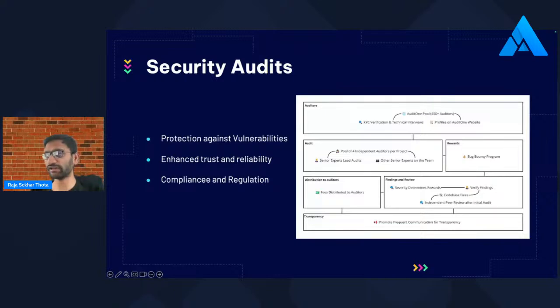At least the high and medium issues are fixed in order to avoid the loss of funds in the contracts. Then we say that the contracts have been audited, and release it to the public. So this is how we do the audits, and we ensure transparency in what we audit in the form of reports that are available on our platform.